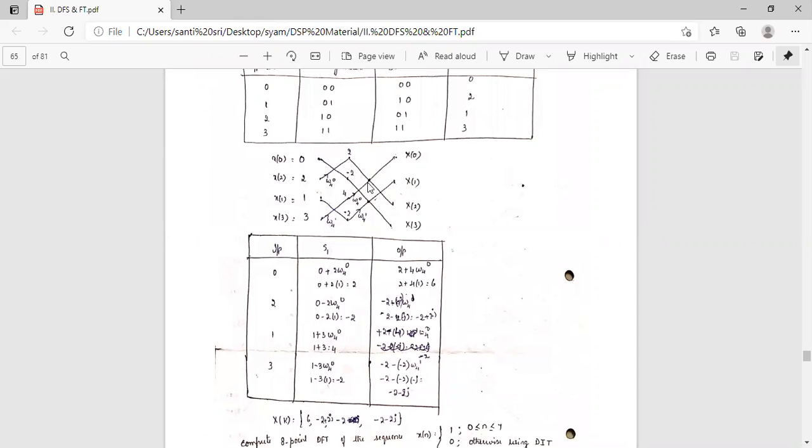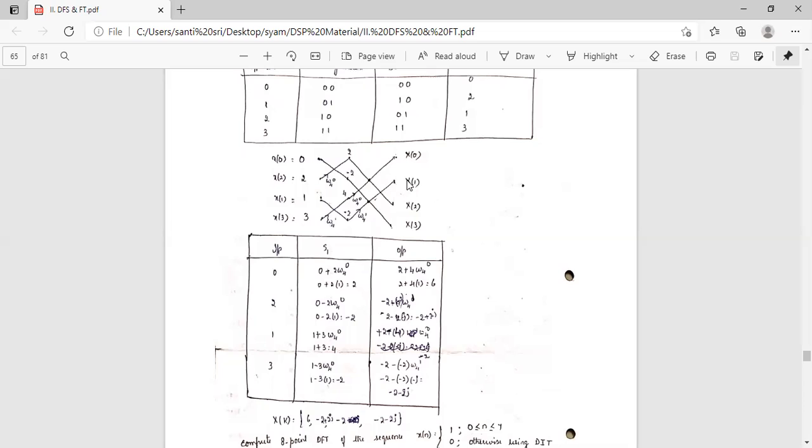How to get this one? This is minus 2, and we add W4^1 into minus 2. For X of 1, W4^1 is minus j.